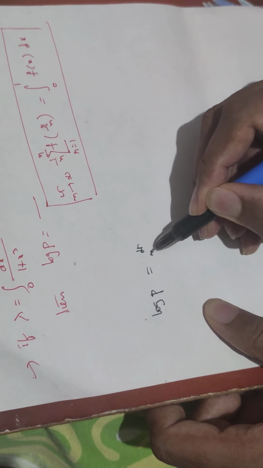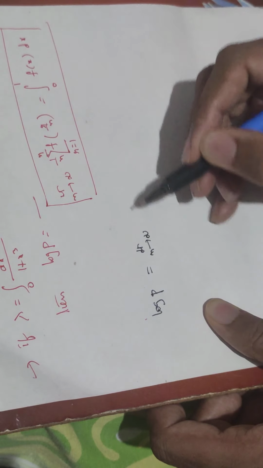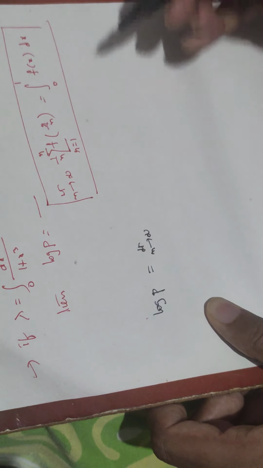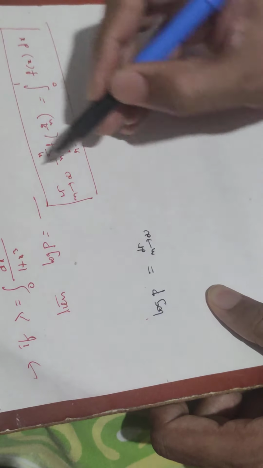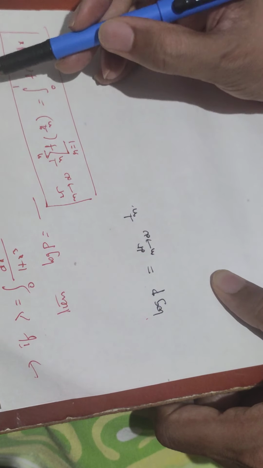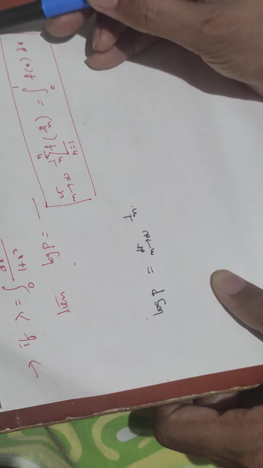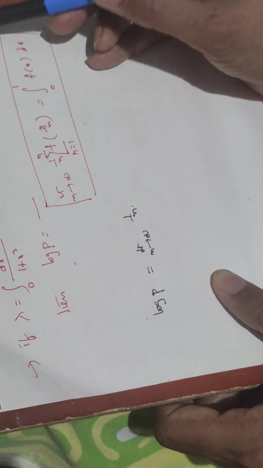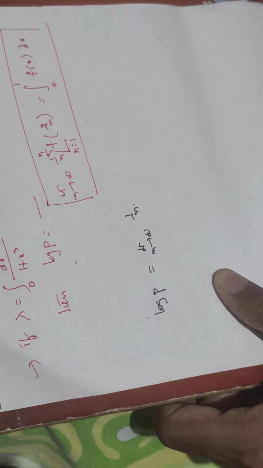limit n tends to infinity. Log of limit is the same as limit of log of that function. So we will get 1 by n outside. And here so many terms are there, the product of the terms. After applying the log, we will get a sum of the logs.